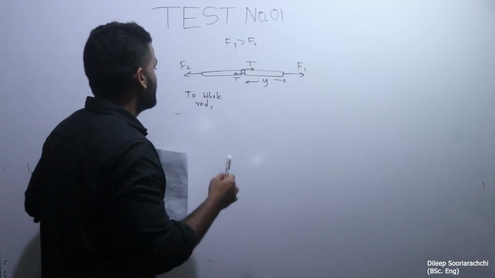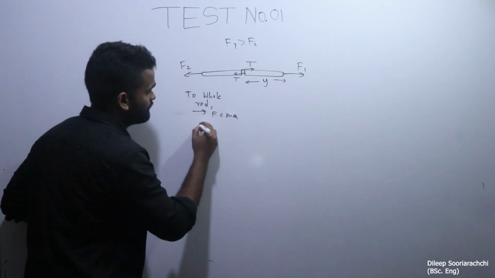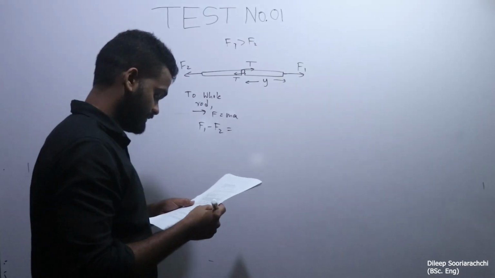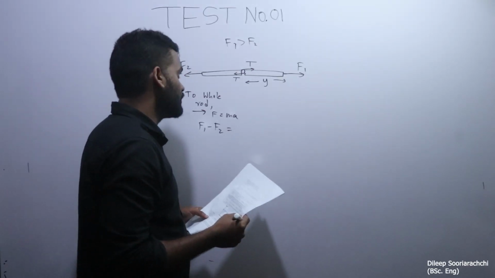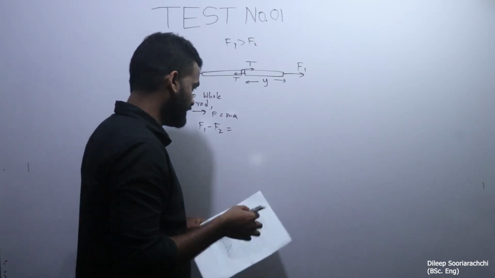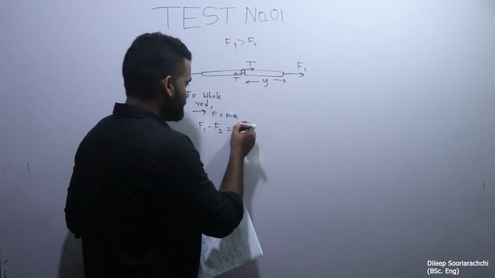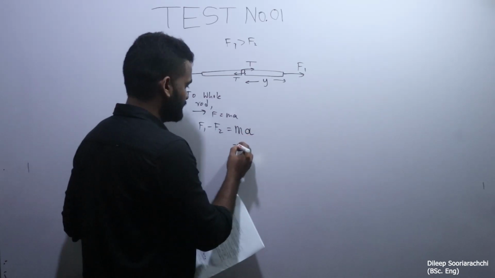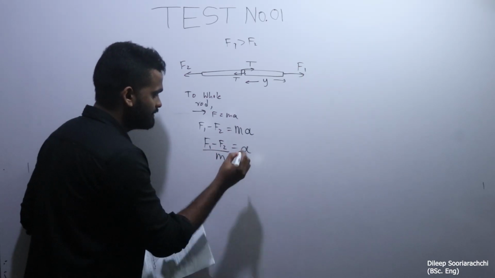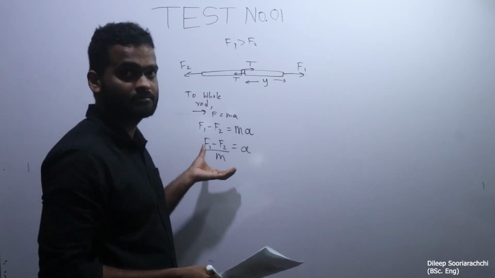When we apply F equals ma, the force is F1 minus F2 equals the mass of the rod, let's say simple m, times acceleration. So acceleration is equal to F1 minus F2 divided by the mass of the rod. So now we know the acceleration of the system.